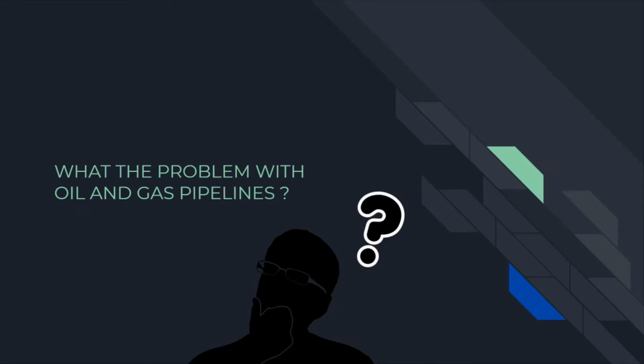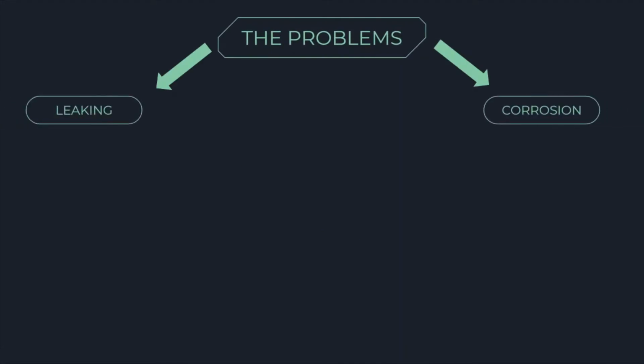Then it will make the particles of oil and gas collide with the inner surface of the pipeline. At a certain period of time, the thickness of the pipeline will become thinner because of corrosion, and the worst scenario is that leaking of oil and gas will happen.